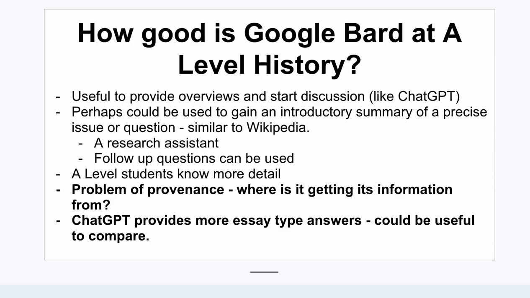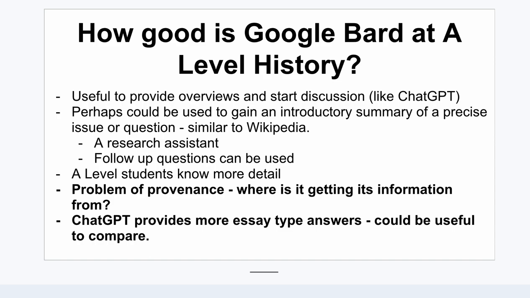Interestingly, it gave different arguments to ChatGPT, which suggests it's getting its information from somewhere else. So what I thought could be an interesting activity could be to compare the answers you get from ChatGPT and Google Bard together, and then see which is most useful, or just compare the differences.